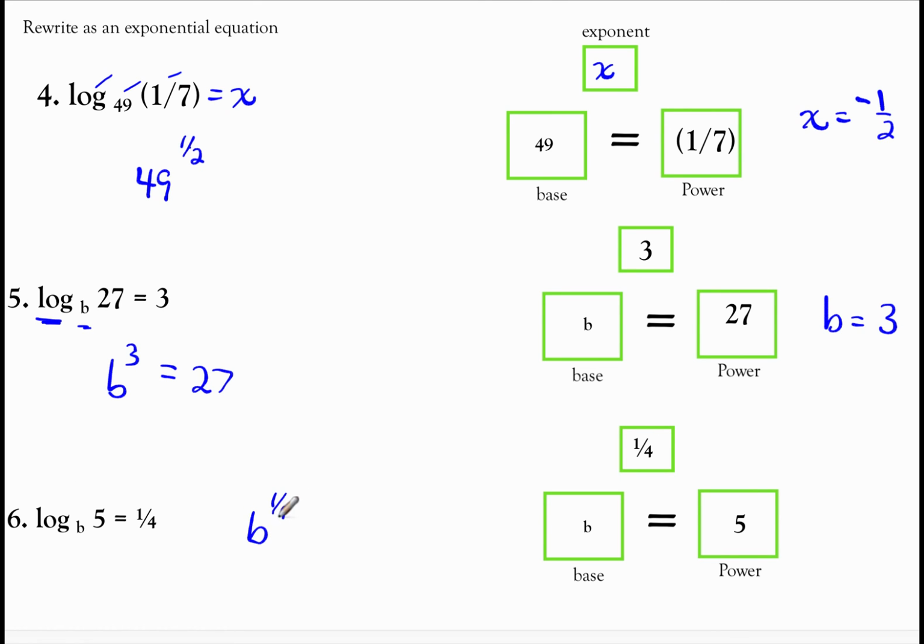They told me that. That gets me 5. Well, hopefully you remember from last chapter, this one's not so hard. I'm going to raise this to 4. That way I'll multiply and multiply to cancel out and get me b. And this is 5 to the 4th, which is 625.